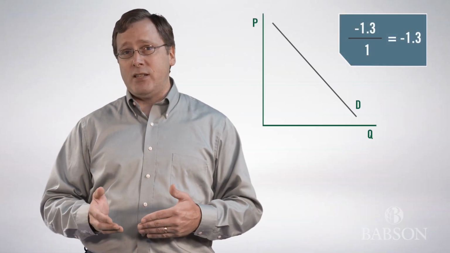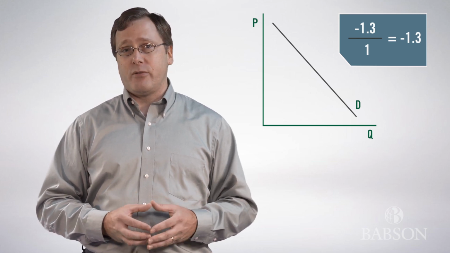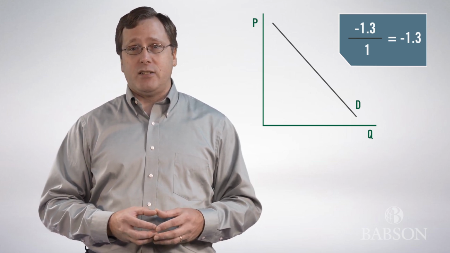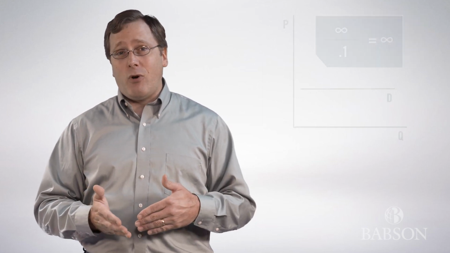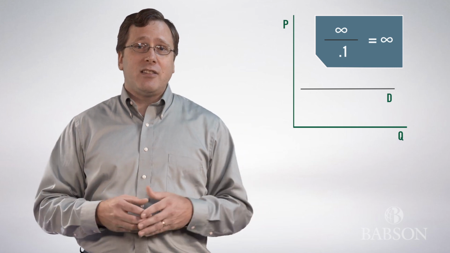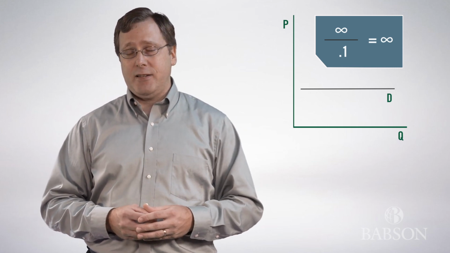If the price elasticity of demand is 1.3, then a price increase of 1% would result in a 1.3% decrease in the quantity demanded, and this would be called elastic. If the percentage change in quantity was infinite, then the demand curve would be horizontal, and that would be called perfectly elastic.